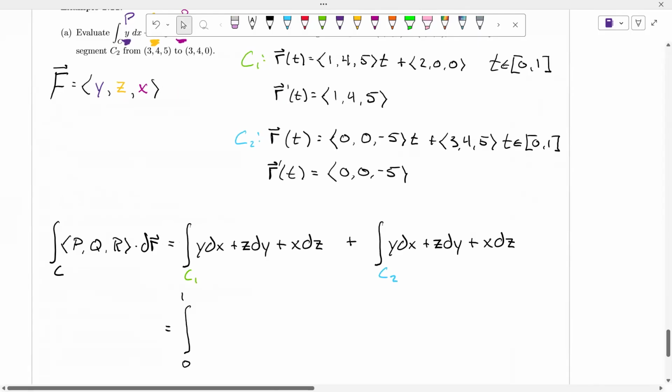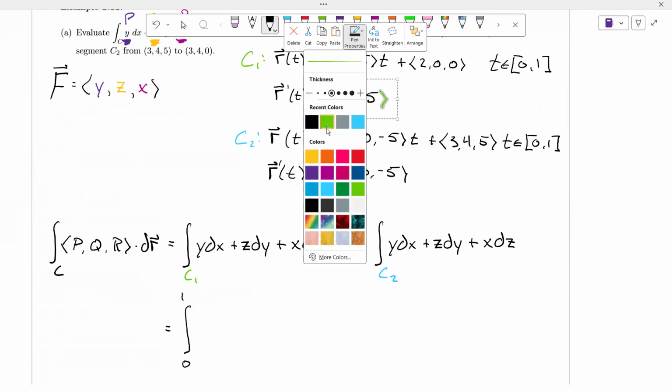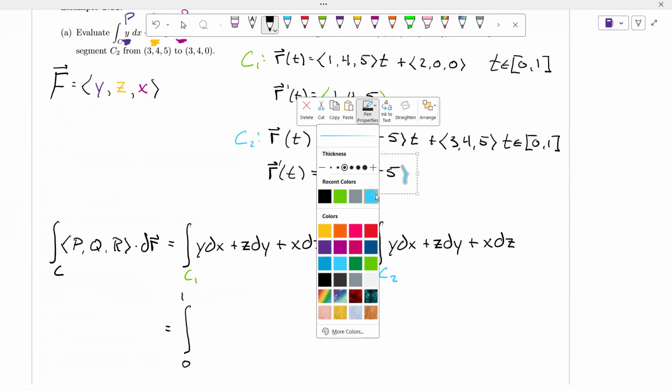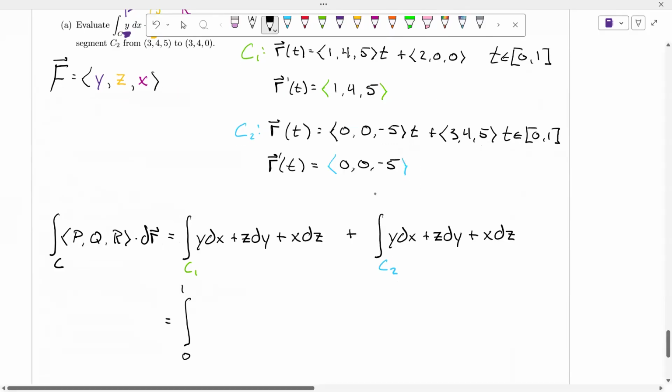Along the green curve, and let me just come back up here and color in a couple more pieces. I want that part to be in green and that part to be in blue, just to emphasize that's where I'll be pulling some stuff from. The y value along that green curve, y dx. Y was 4t plus 0 times dx, which is 1.